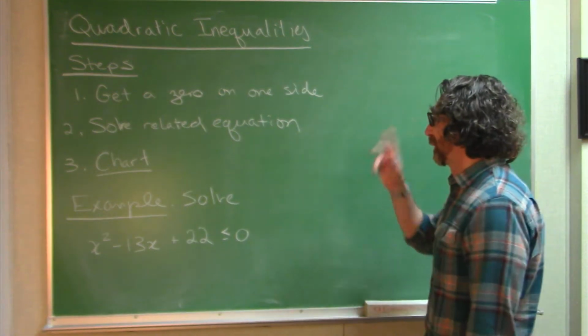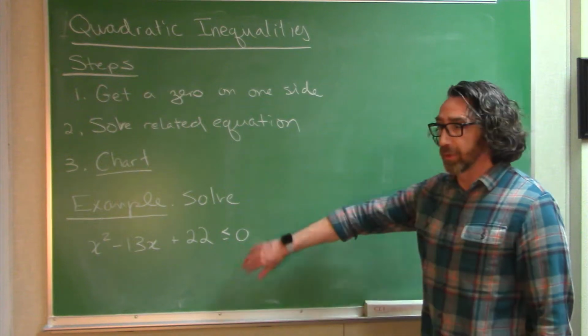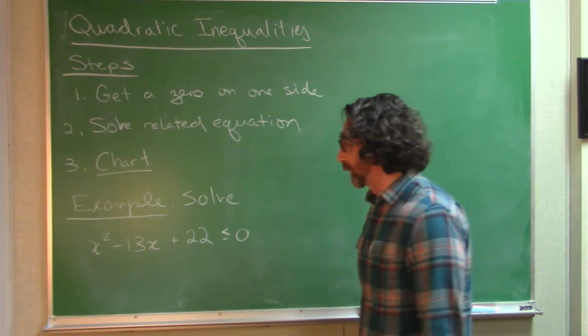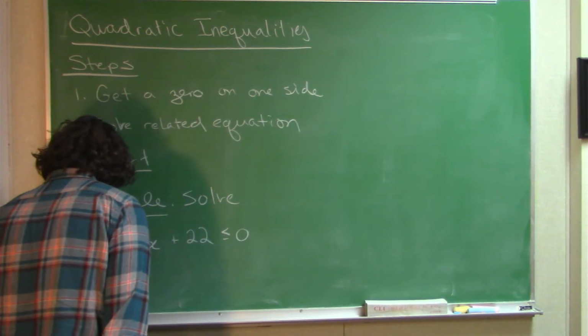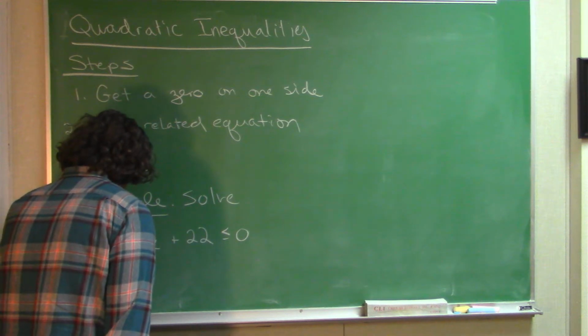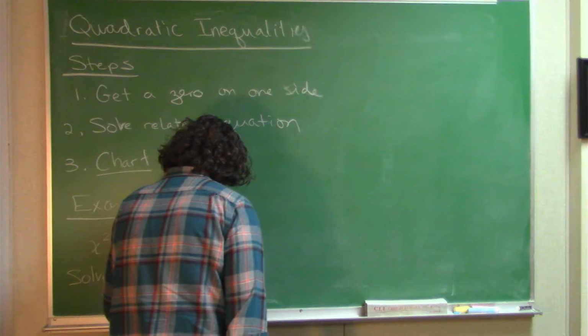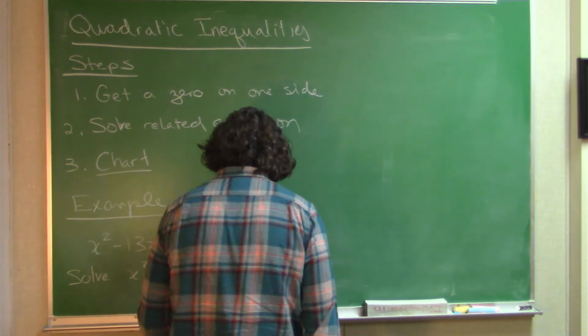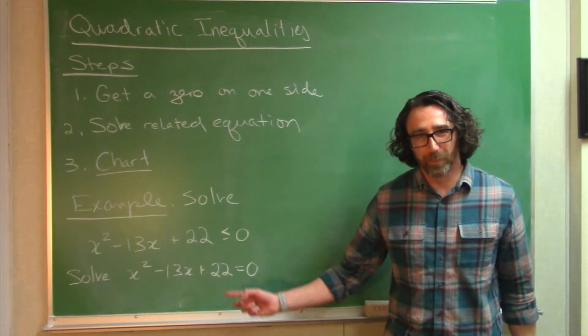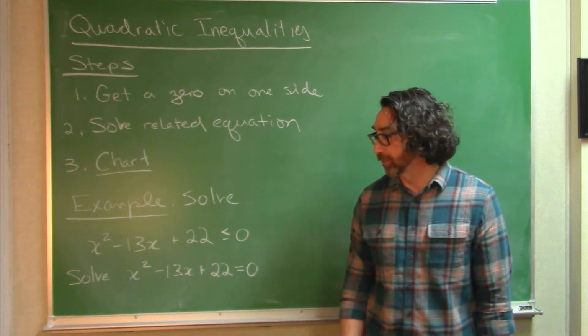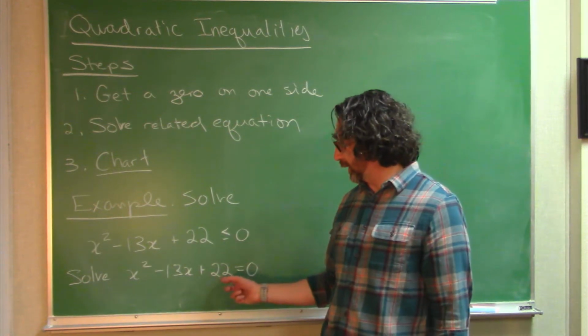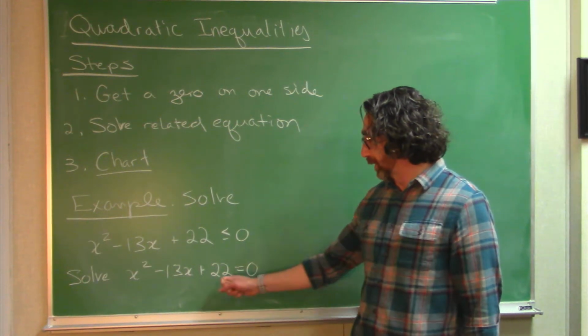All right, so I've already got a 0 on one side, so I'm good to go there. So my first step will be to solve this related equation. You probably guessed what the related equation was. Okay, well, I think I can solve this by factoring.